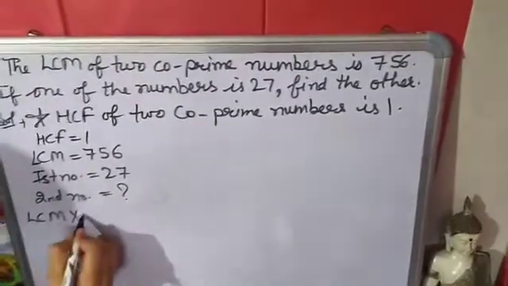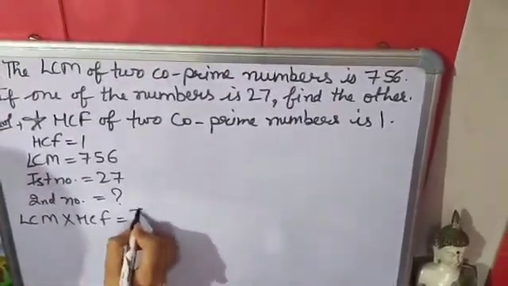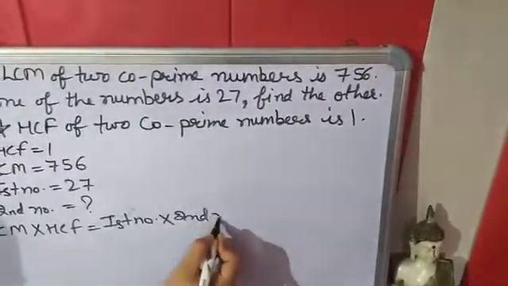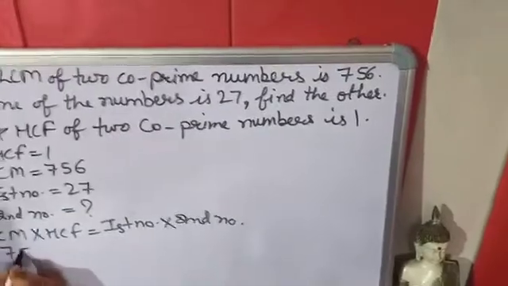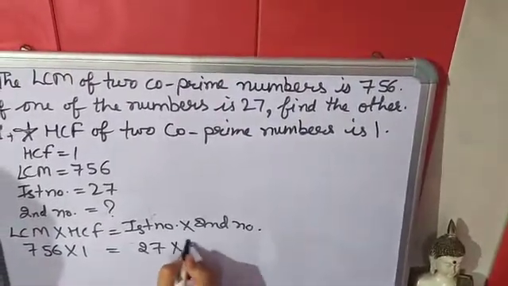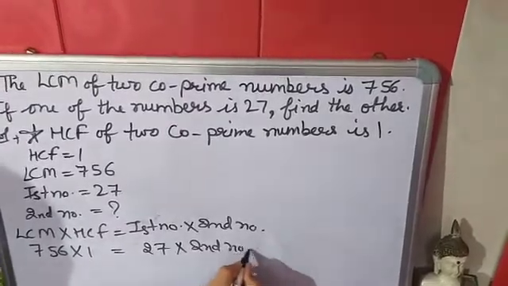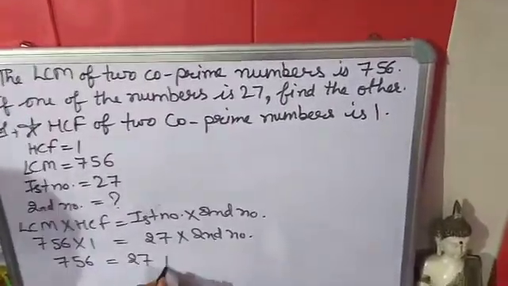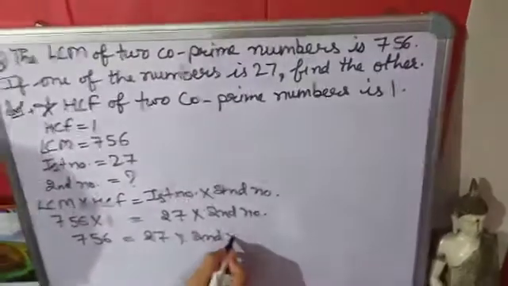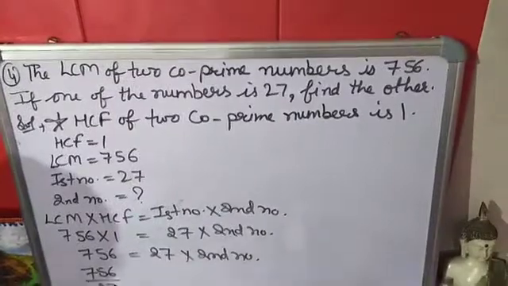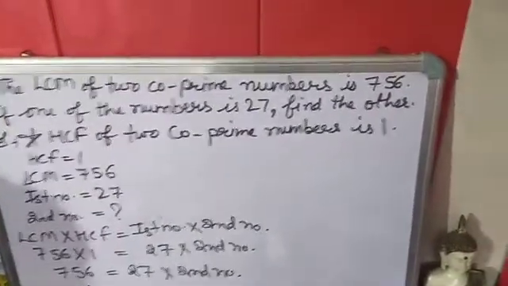Use formula LCM into HCF is equal to first number multiply second number. LCM is 756, HCF is 1, first number is 27. We have to find second number. Multiply it, same number will come. 27 into second number. 27 will go there, we will do division. Second number.